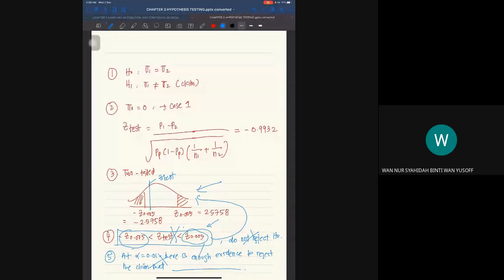So that's why, to be safe, it is encouraged for you to sketch this figure, and if you sketch this figure, please make sure that you plot your z-test, your test statistic. After you plot, make sure to label, so that the reader knows it is your test statistic.